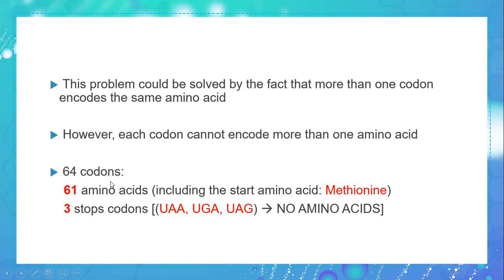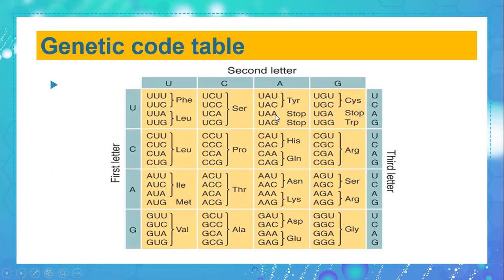The 64 codons are classified into 61 coding for amino acids, including the start amino acid, which is called methionine, and we have 3 stop codons which encode for nothing. If we go back to the table, we can see that these are the stop codons, UAA, UAG, and UGA. And this is the start codon, AUG, which encodes for methionine.